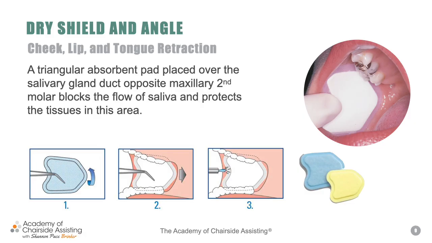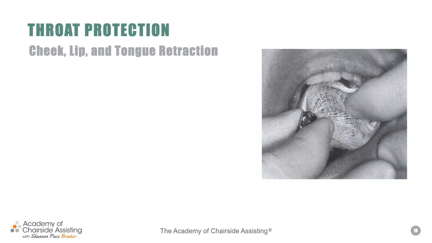Once we finish utilizing this dry angle or dry shield, we never want to just grab it and pull it out of the patient's mouth, because this is going to keep the area dry, and it basically almost bonds to the inside of the cheek area. If you grab it without wetting it and letting it release on its own, you can actually pull some tissue off of the patient and cause some irritation there. So just make sure that you're adding water before you remove it.